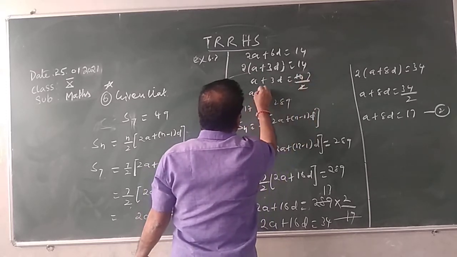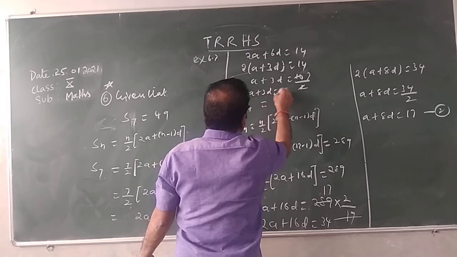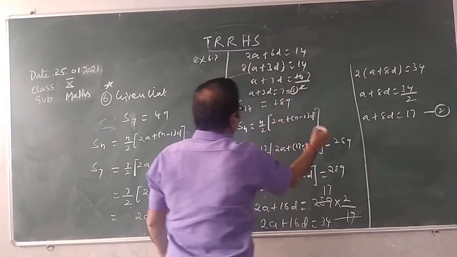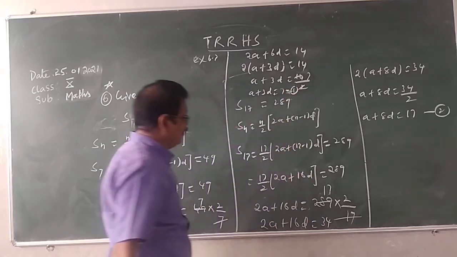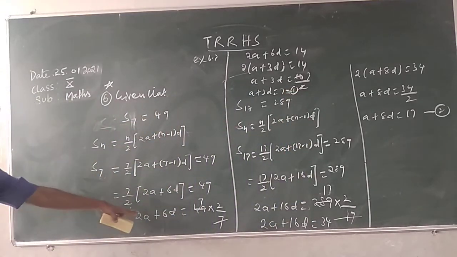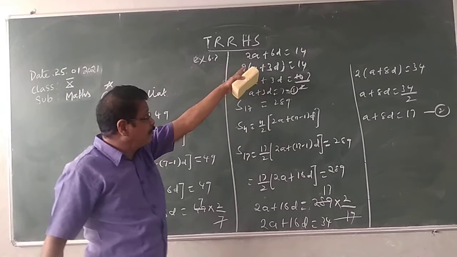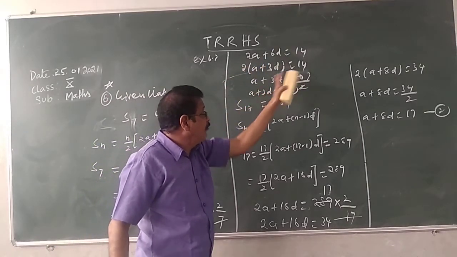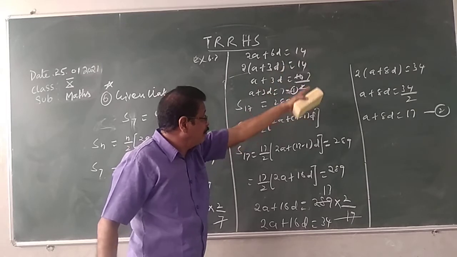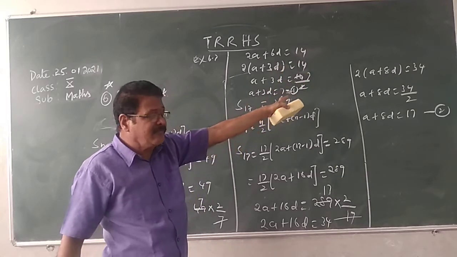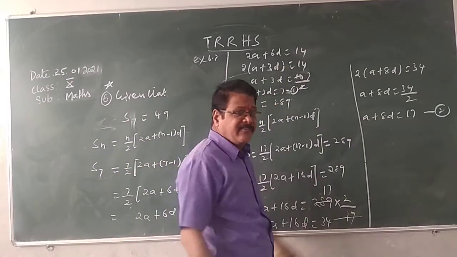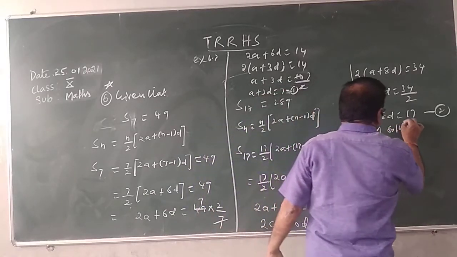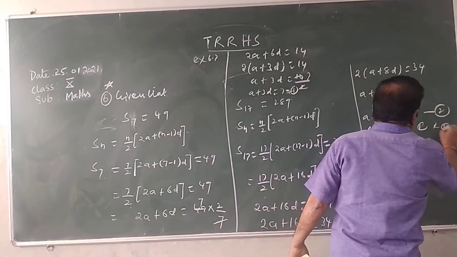So a plus 3d is equal to 7, the first equation. And a plus 8d equal to 17 is the second equation. By solving these.